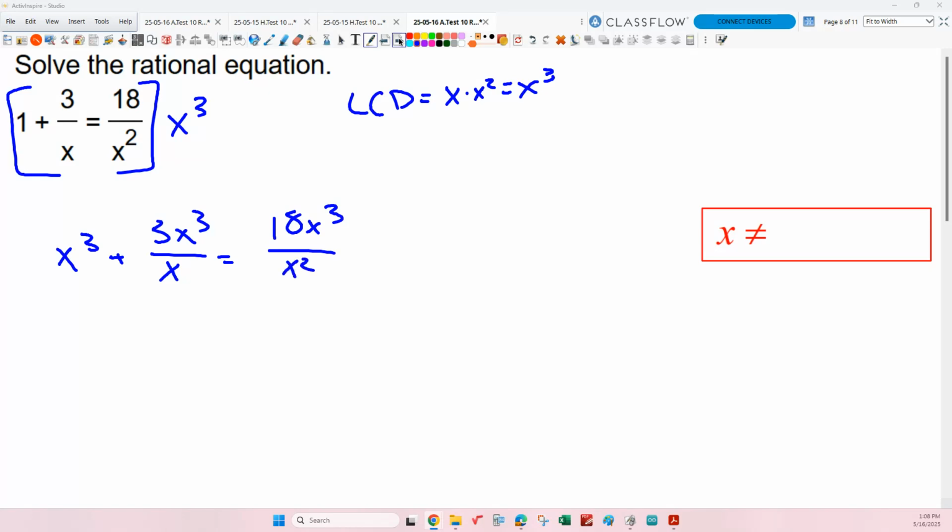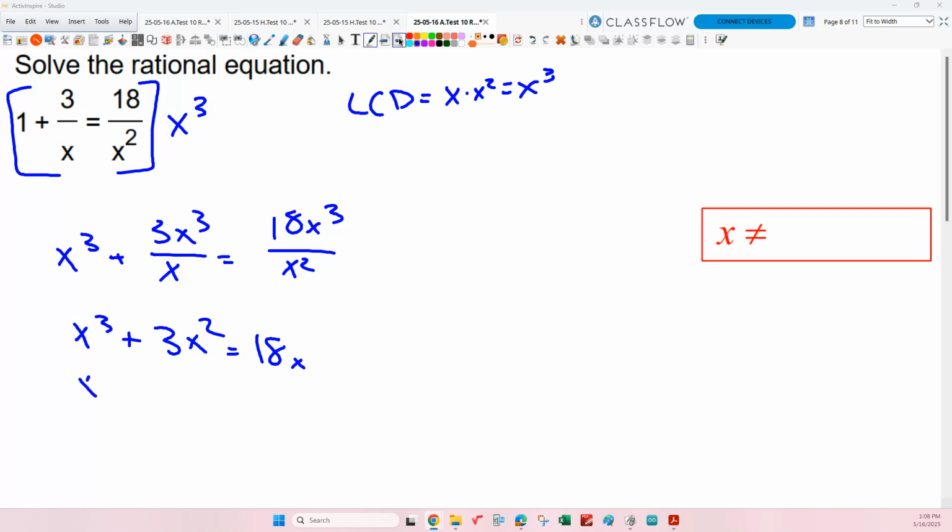Okay. How can I simplify those? This one can't do anything. But what about here? Take out x. Yeah, I can take out an x, so I have 3x squared, 18x over there. So what would I get if I move the 18x over?